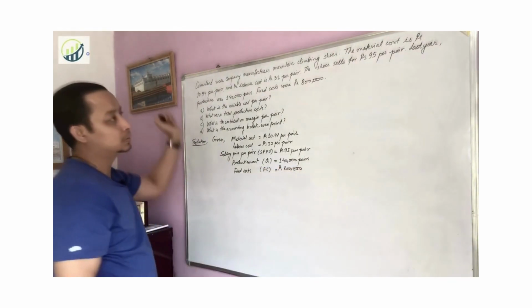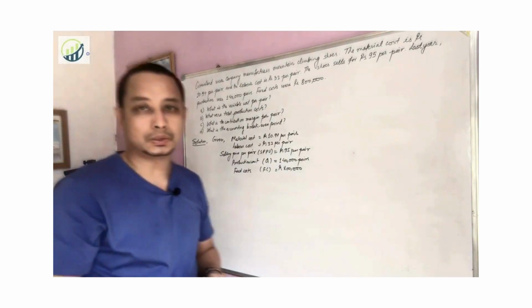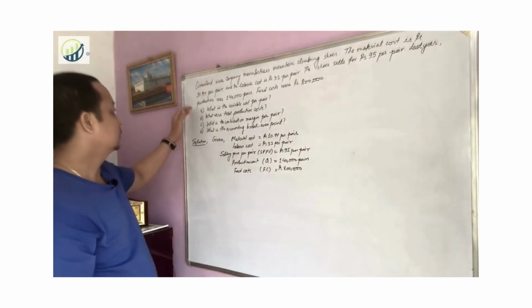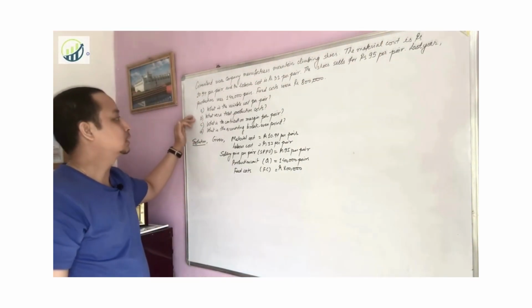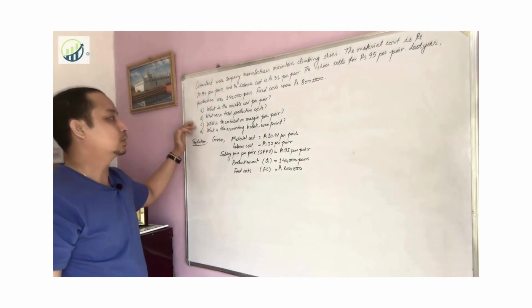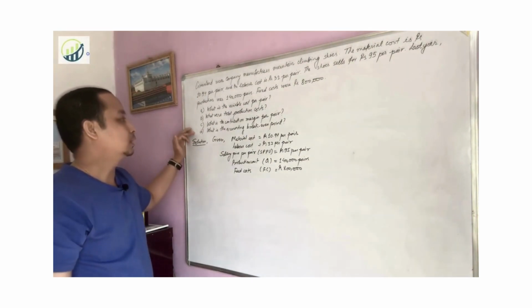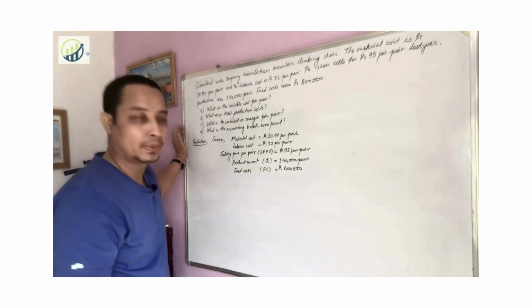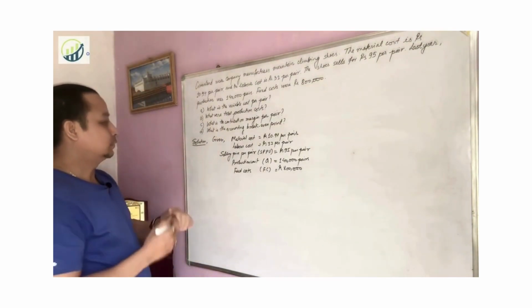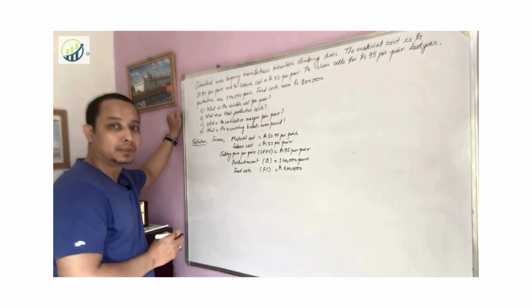So these are the information given, and using this information you have to find the variable cost per pair, total production cost, contribution margin per pair, and the accounting break-even point. So by seeing the information, let's find each and every item here.